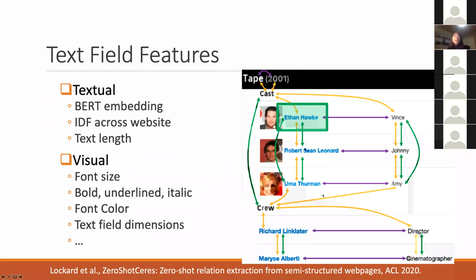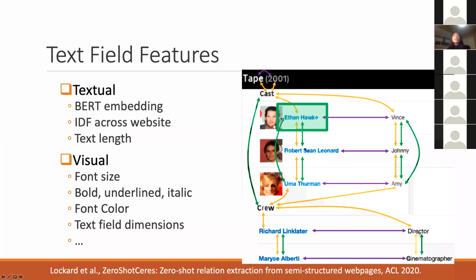So for each text field, we look at two different kinds of features. The first one is textual features. This is the BERT embedding of the text there. This is also the IDF score, because normally the attribute names appear much more frequently on the website compared with the attribute values.